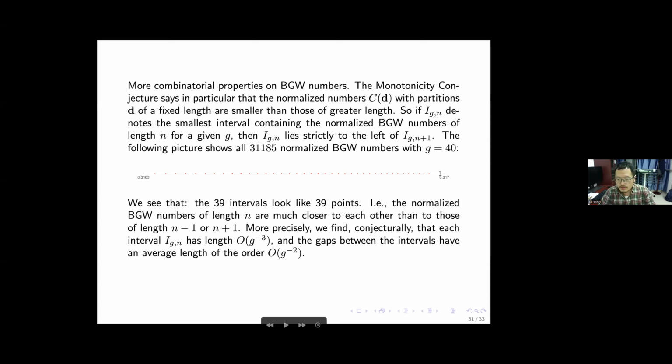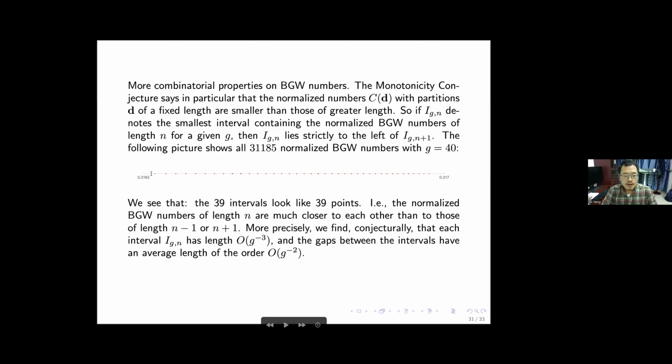in some range. It turns out that the numbers with the same length are actually much closer to each other than the numbers of different length.